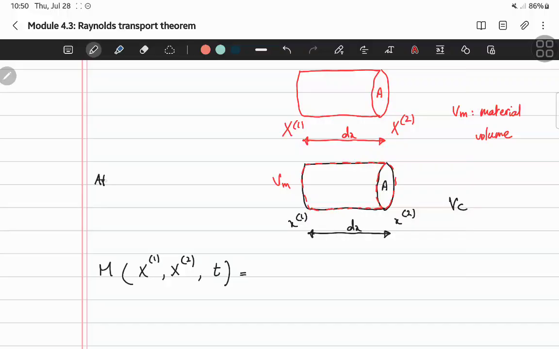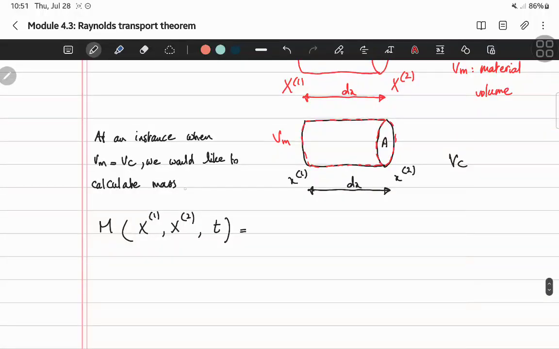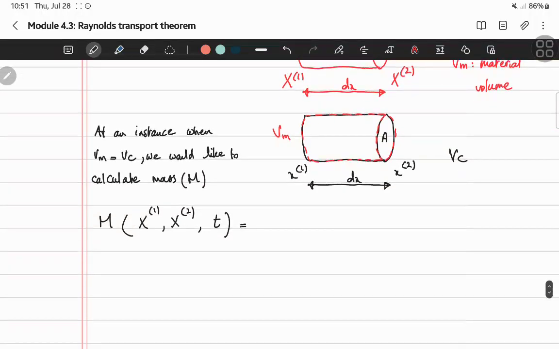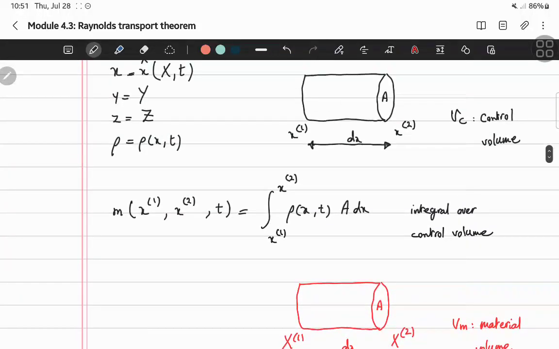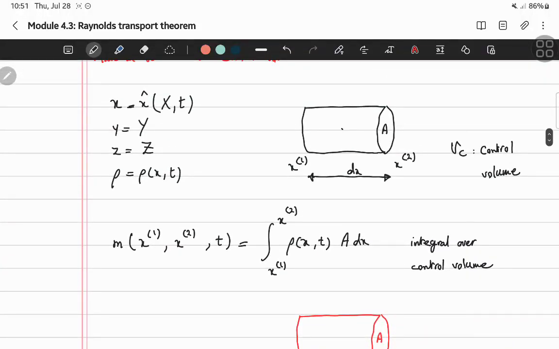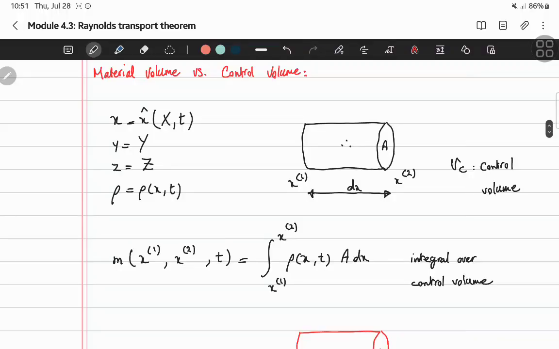At an instance when VM equals VC, we would like to calculate M, or the mass, which is of course M. So basically, this mass, as I already told you, at a time instance it could be 1, and at another time instance it could be 3, for example.